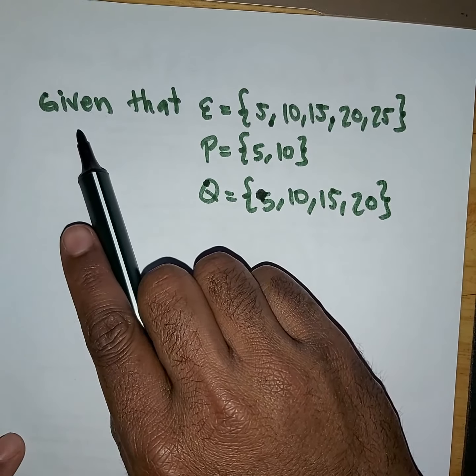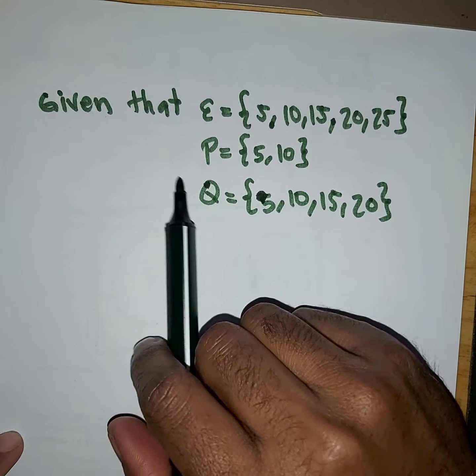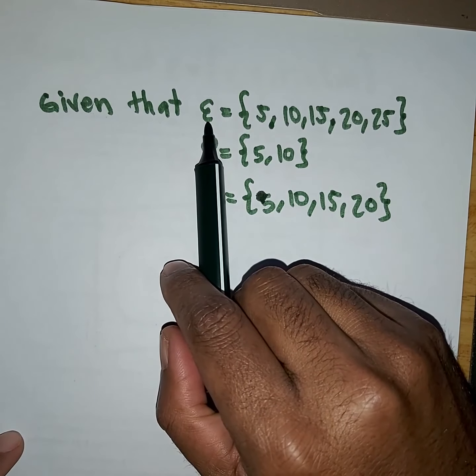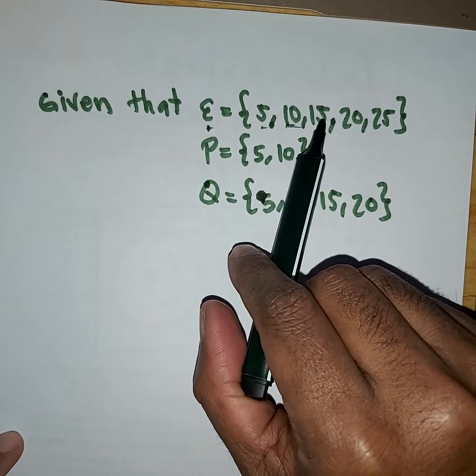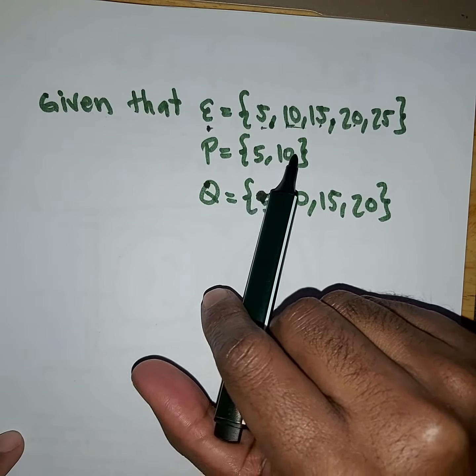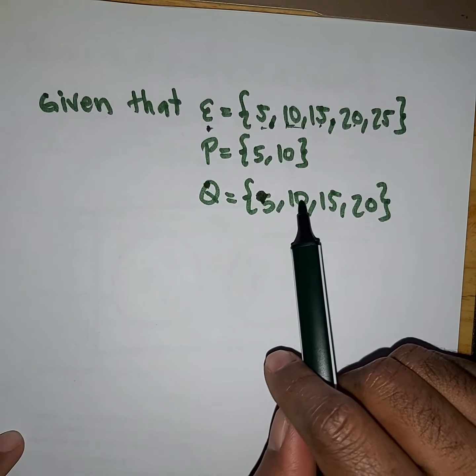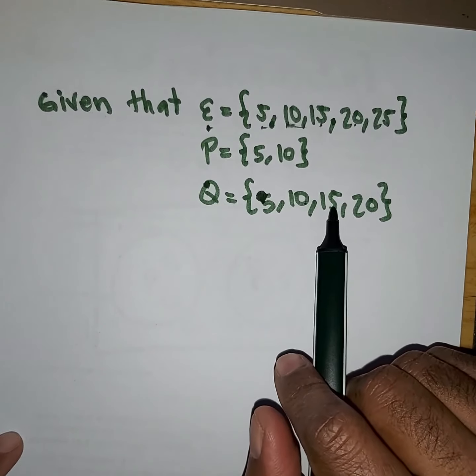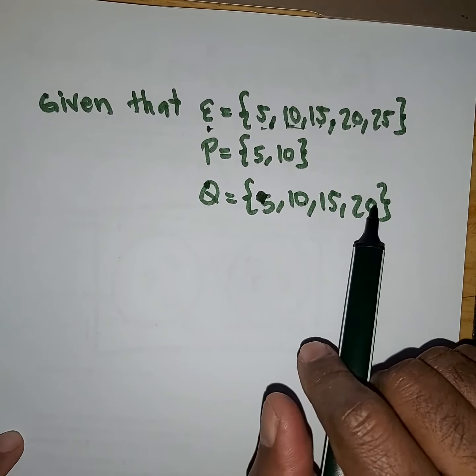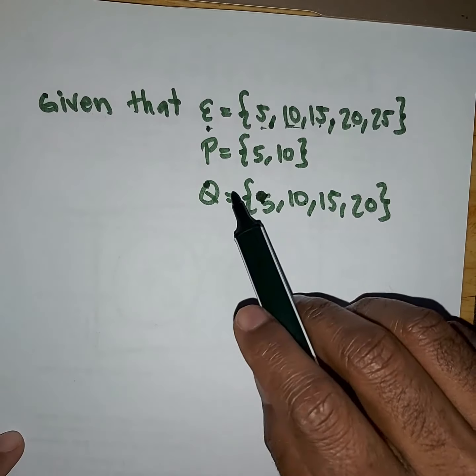Now another example. Represent these sets where the universal set is 5, 10, 15, 20, 25. Set P is 5 and 10, and set Q is 5, 10, 15 and 20.